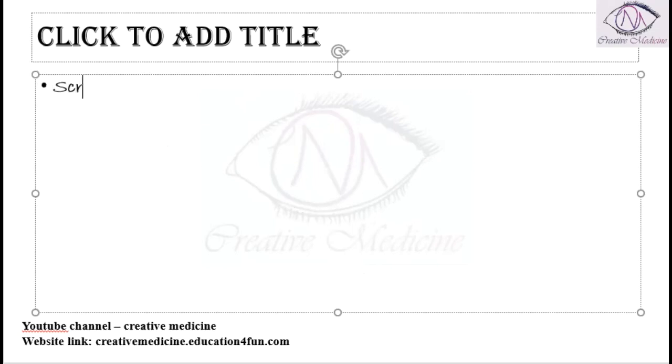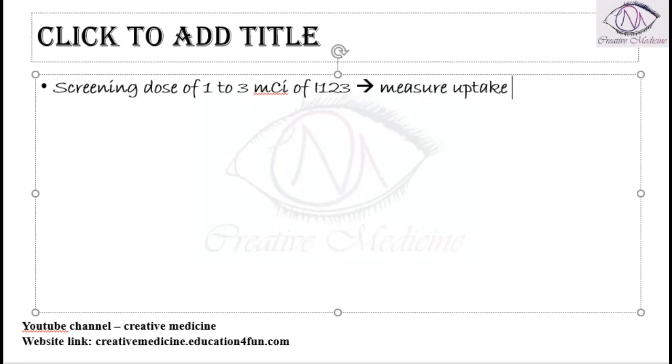Then you will have to screen the patient with a screening dose of almost 1 to 3 mCi, or millicurie, of iodine 123, and you will have to measure the uptake almost 24 hours later.